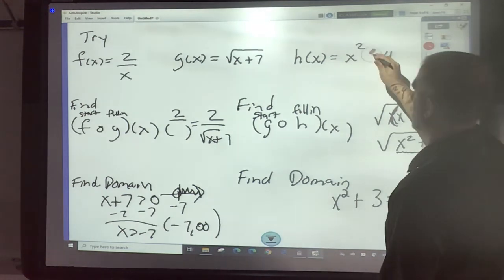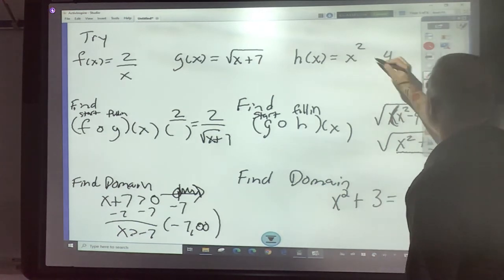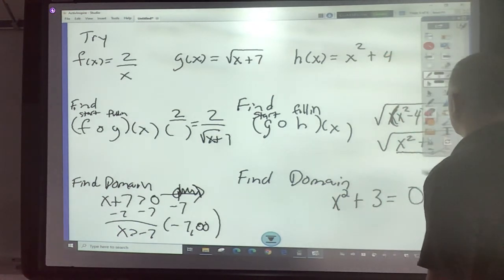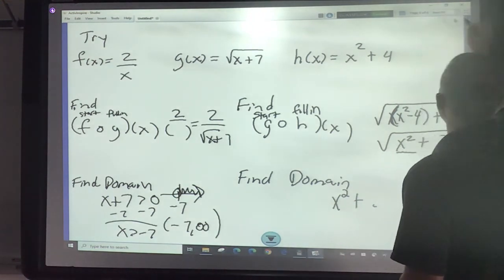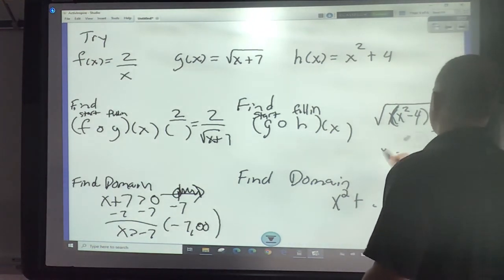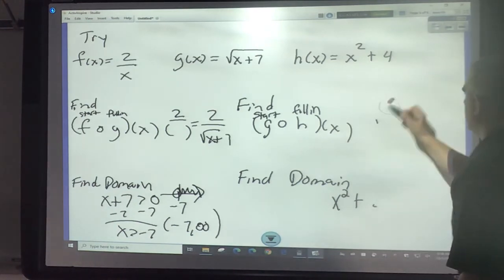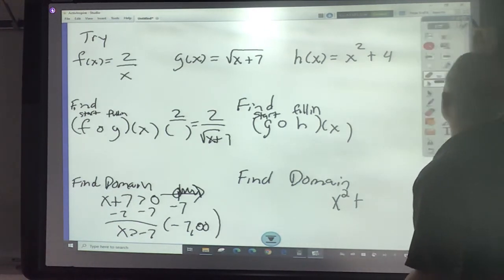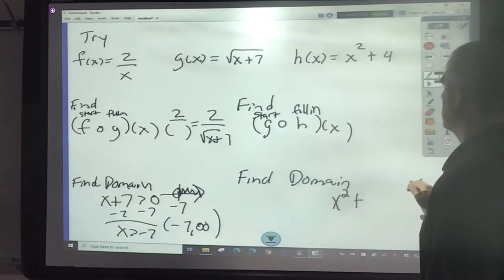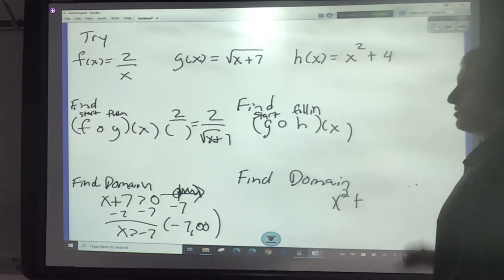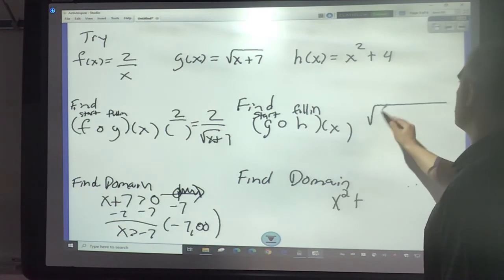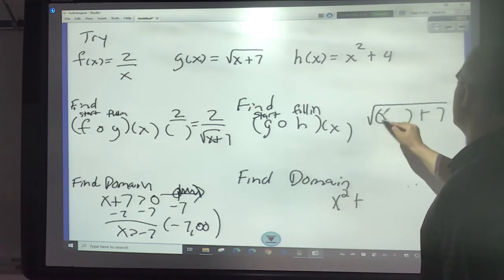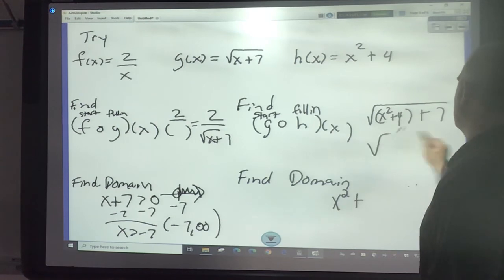Let's change this to a plus 4, because that other way is not going to show a great example. Let's go back real quick. Sorry if you're doing that video at home. Let's do this again. Put in this x squared.